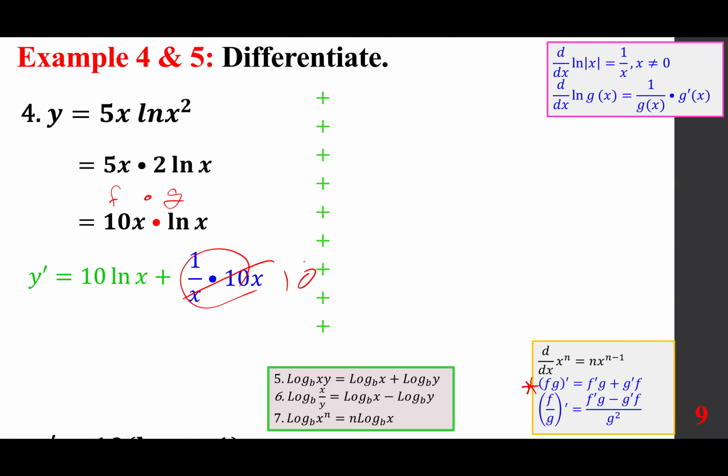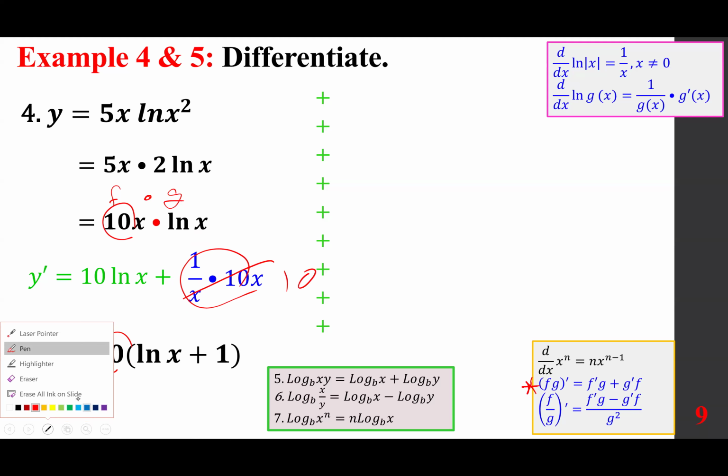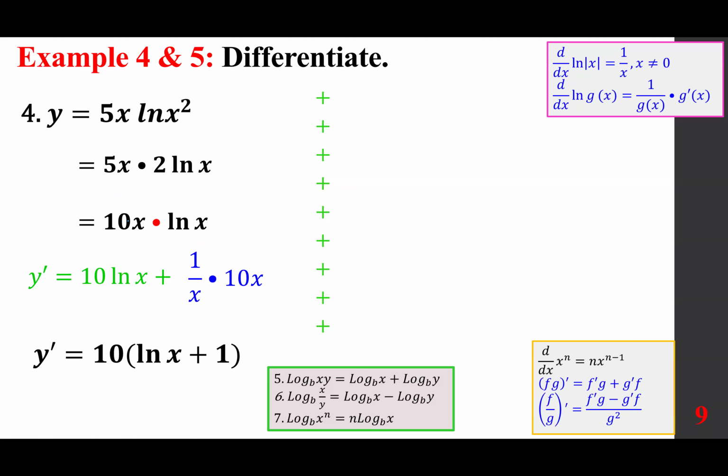You factor the 10 out, you get 10 times ln x plus 1. Now, again, notice this 10 carries. So you could have, let me just erase the word and show you what I mean by that, you could have put this in brackets and keep it in this format. Whatever is easier for you.